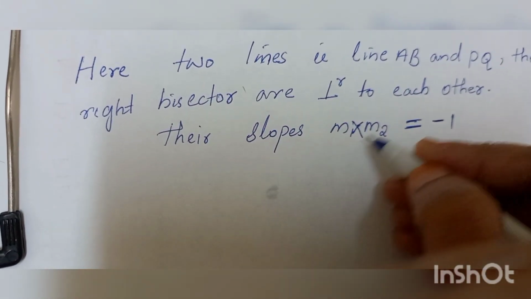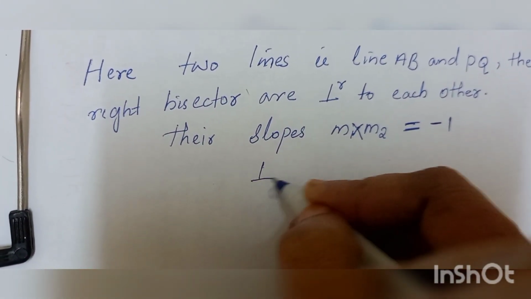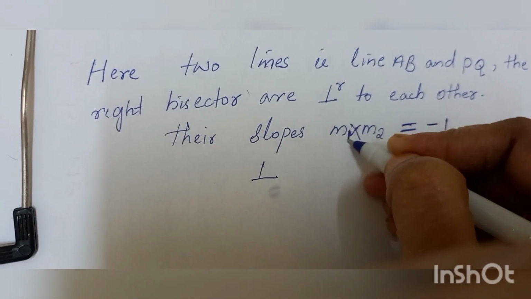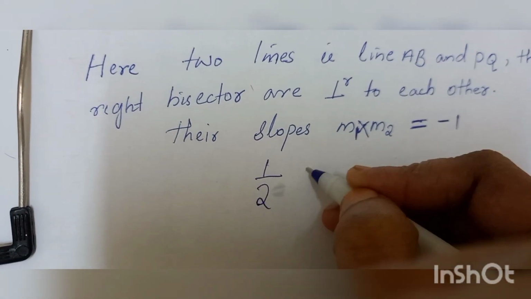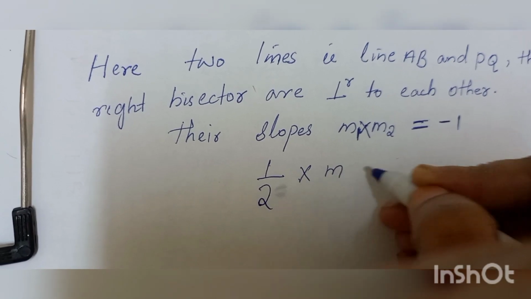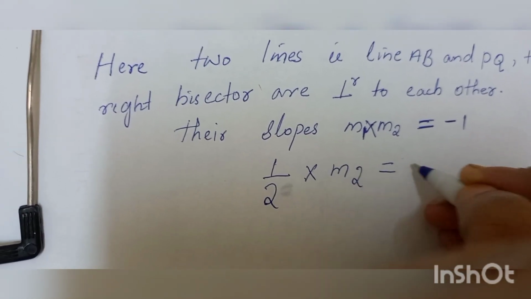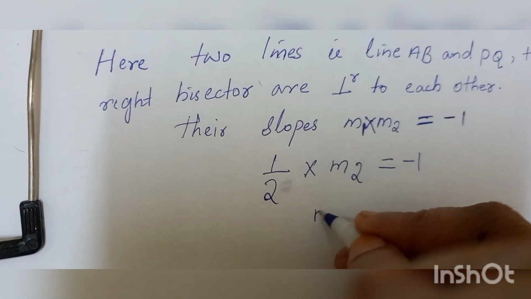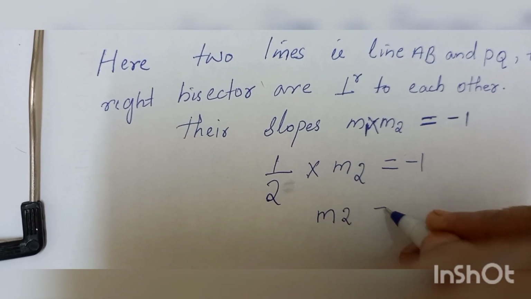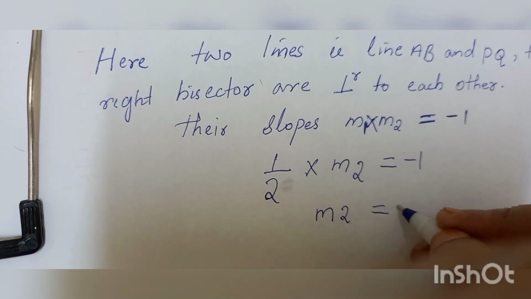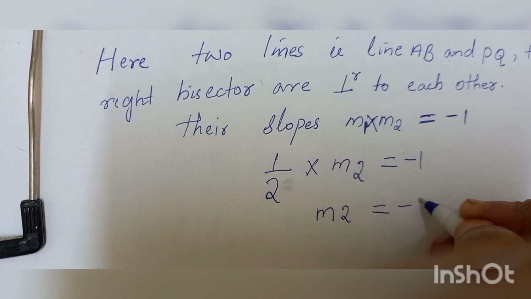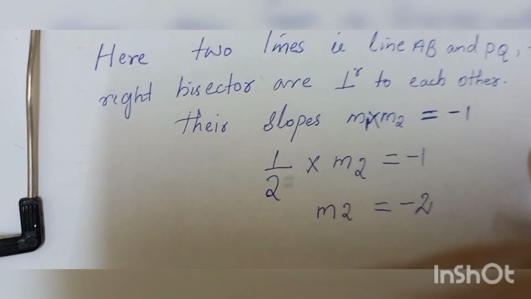M1 is 1 by 2, so 1 by 2 into M2 is equal to -1. So M2 is equal to -2, isn't it?